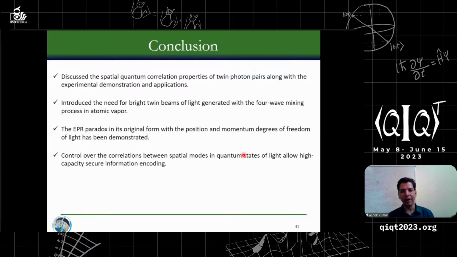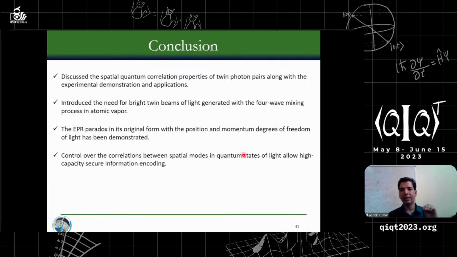Then I said we work on the bright twin beams, and we use four-way mixing in hot atomic vapor to create these kind of beams, and then study the spatial quantum correlation or the EPR paradox kind of situation with the original position and momentum degrees of freedom in the bright regime.